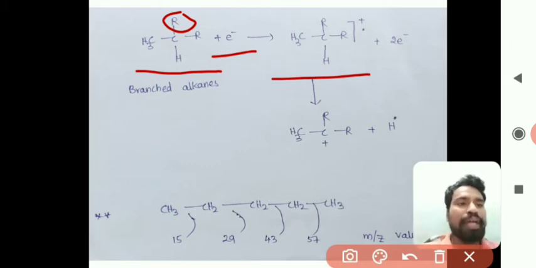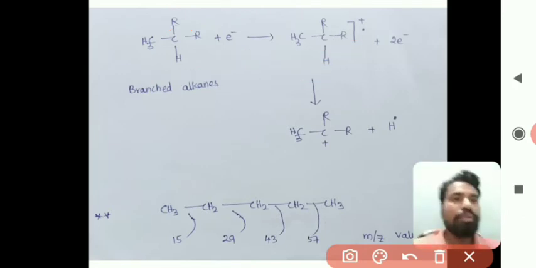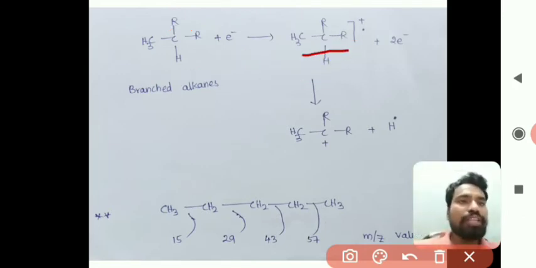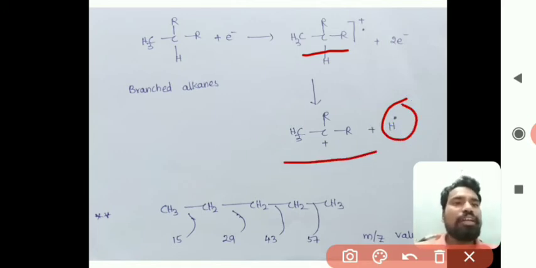Wherever the branch is, the carbon attached with hydrogen, that bond breakage takes place. So here the bond breakage takes place between the branched carbon and hydrogen. So here also C-H bond breakage takes place, so that you get a hydrogen radical and a positive carbocation.